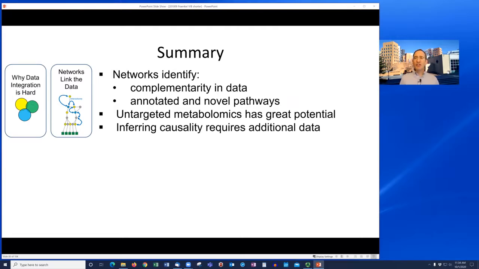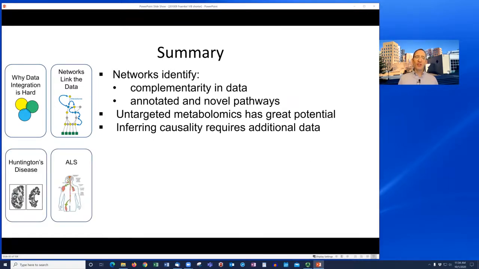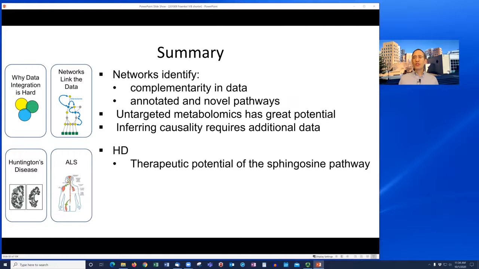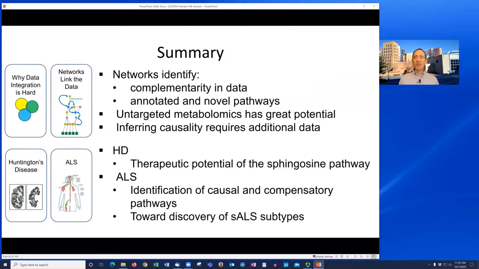We think that additional experimentation, additional computational approaches are needed to make sense of the causality and to identify the therapeutic strategies. And I've shown you how these approaches have led to some insights into therapeutic potential of a particular pathway in Huntington's disease and the progress that we're making towards identifying therapeutic strategies in ALS and our focus on identifying subtypes of the disease, especially among the sporadic patients where the genomics are not informative at this stage.